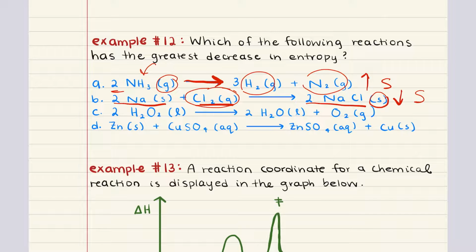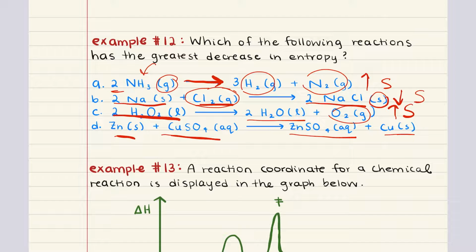What about C? We're going from 2 moles of liquid to 2 moles of liquid plus oxygen gas. So for this reaction, a liquid reactant forms a gaseous product. This is going to be an increase in entropy. So this is not what we're looking for either. Then D, we're going from solid zinc and copper sulfate, which is an aqueous solution, to zinc sulfate, which is aqueous, plus copper solid.